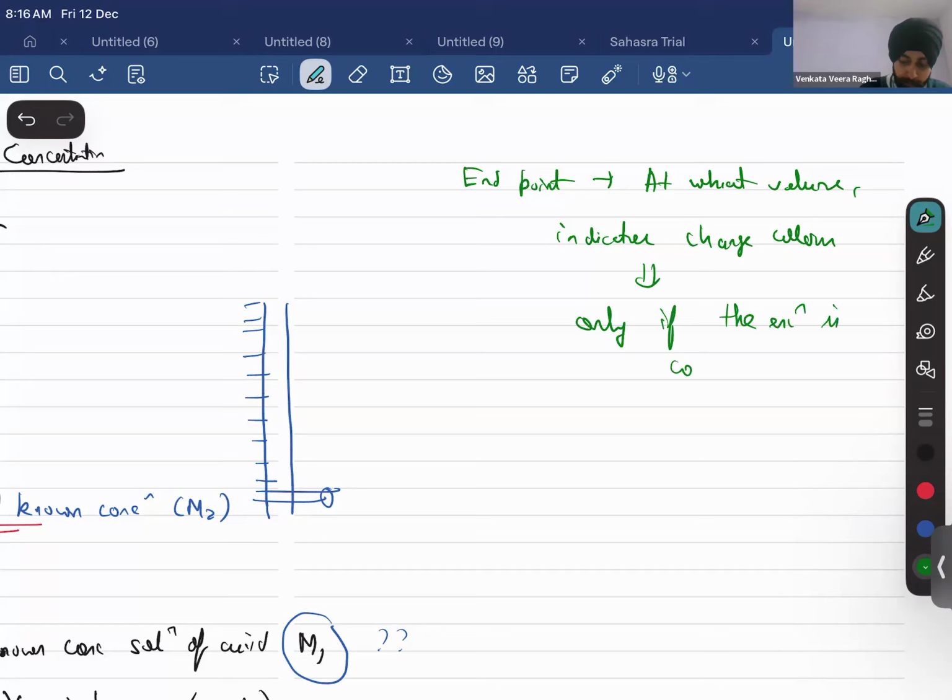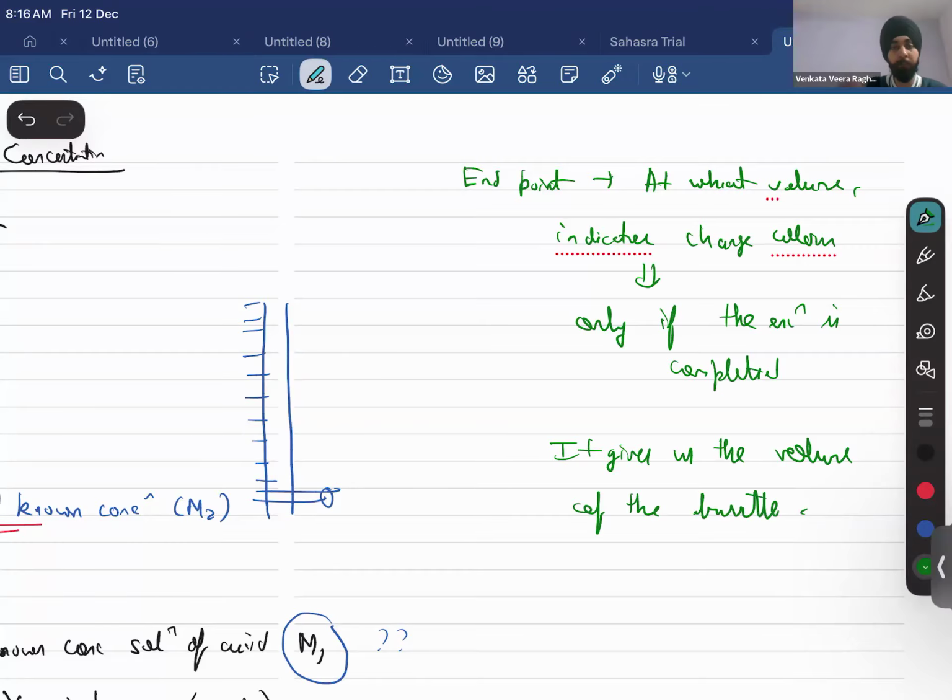So it gives us the volume of the burette, that is, how much volume we have added from the burette up till now.